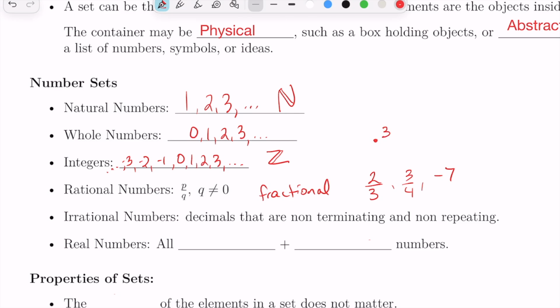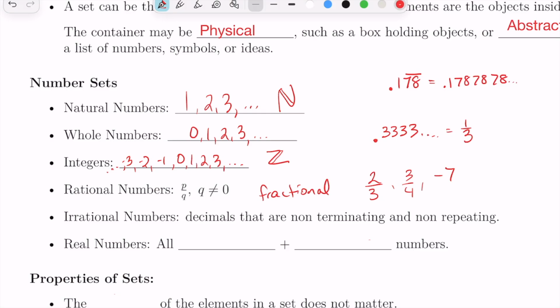Numbers like 0.3333 forever are actually equal to 1/3. We can take any number that has a repeating portion, like 0.178 with a repeat over the 78, that's 0.1787878, etc., where you just keep repeating that. These can be written as a fraction.